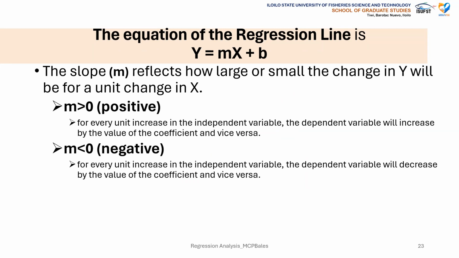Now, the slope, m, reflects how large or small the change in y will be for a unit change in x. Meaning, if your m or slope is positive, then for every increase of 1 unit in our independent variable, there will be a corresponding increase by the value of the slope on the value of y.